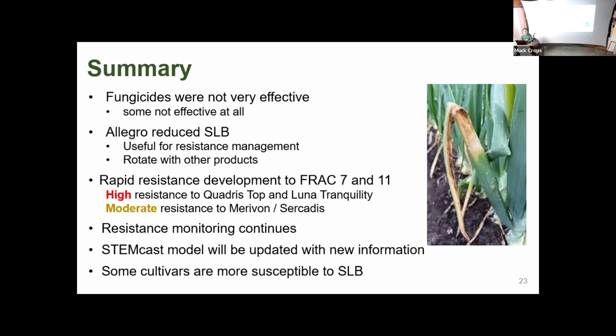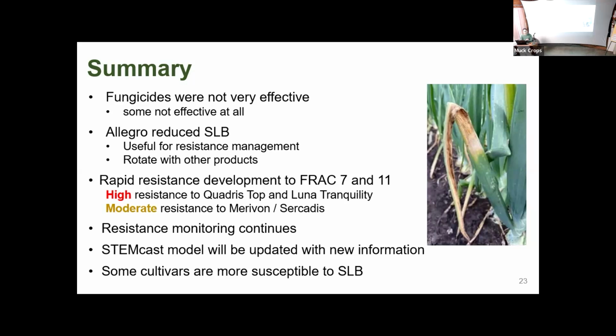Then we've also unfortunately seen that resistance has developed quickly to the FRAC group 7 and 11 products. We're seeing high levels of resistance to Quadris Top and Luna Tranquility, and then moderate levels of resistance to Miravis and Cirkadus. And our resistance monitoring is going to continue, and we're hoping to give you some updates about that early in the growing season this year.